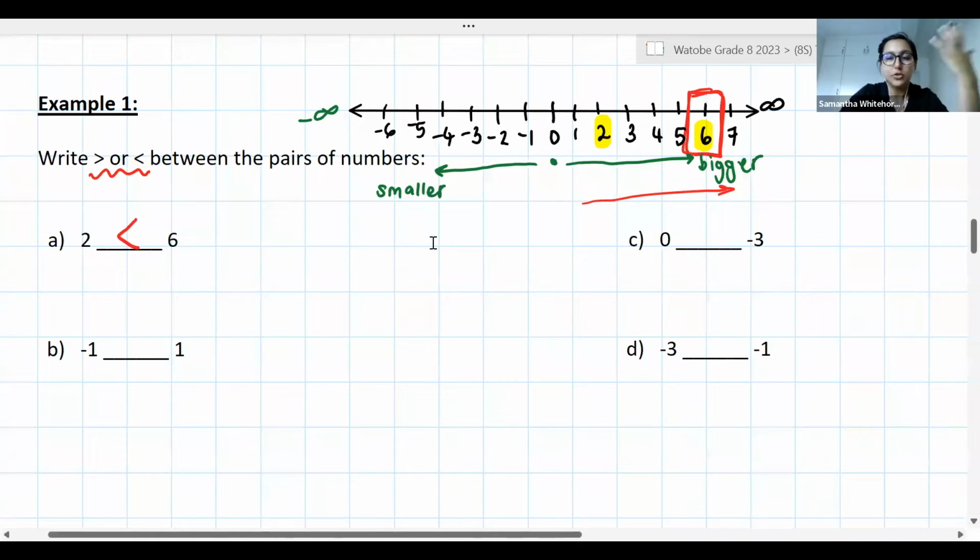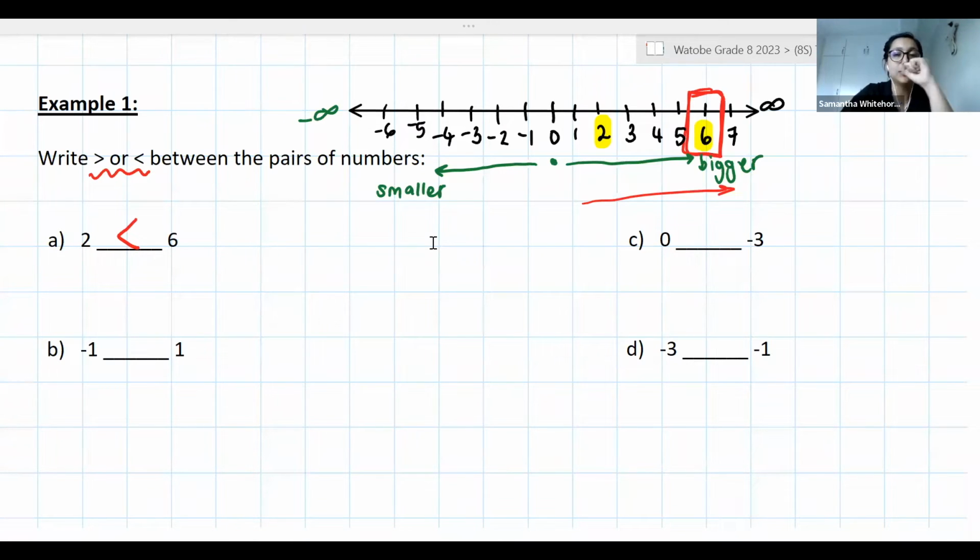Again, guys, you can use a number line if it's helpful to you. You maybe don't even need a number line and you just know which number is bigger. But if you are struggling, use a number line, locate where those numbers are, and then decide which is closer to positive infinity, because that is the one that is bigger.